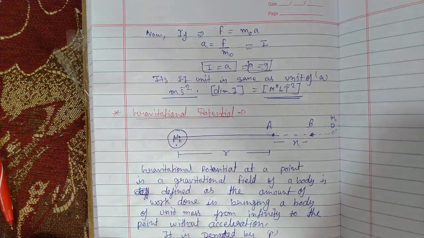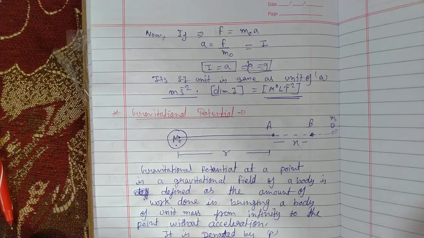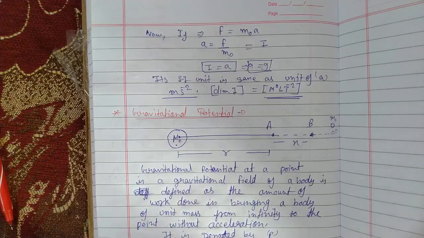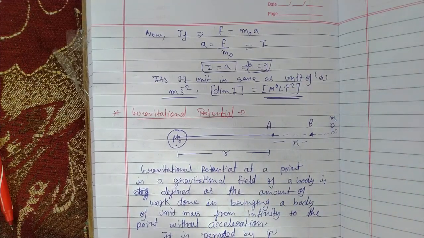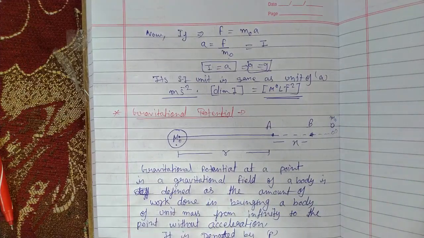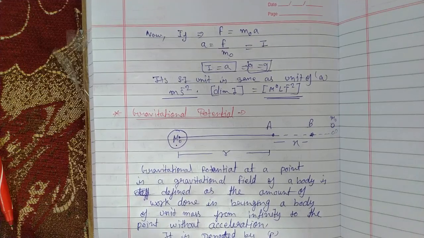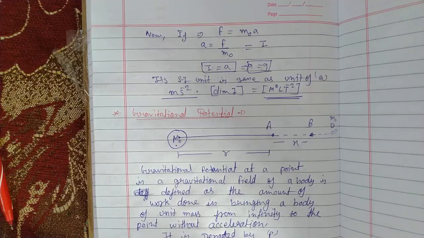Okay, now the unit of gravitational potential is joule per kilogram, and the dimensional formula for gravitational potential is M0 L2 T minus 2.